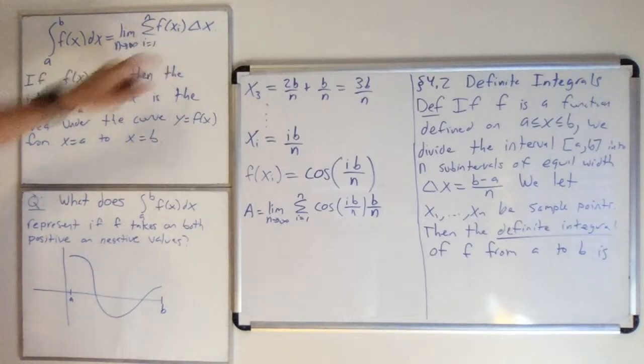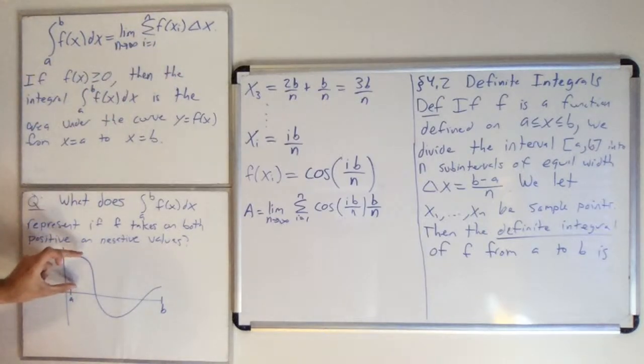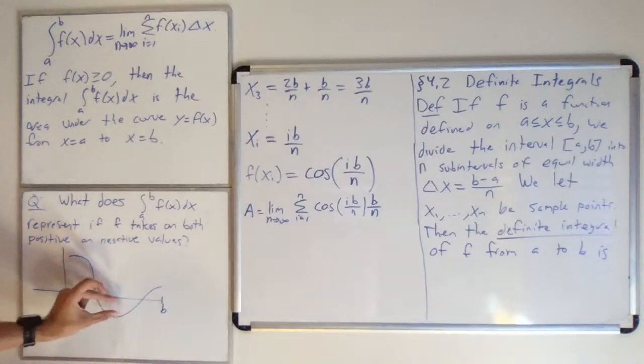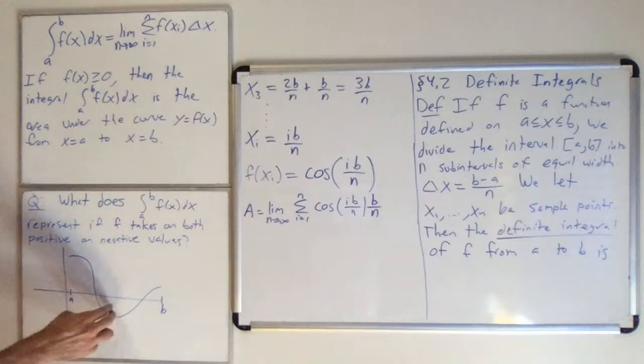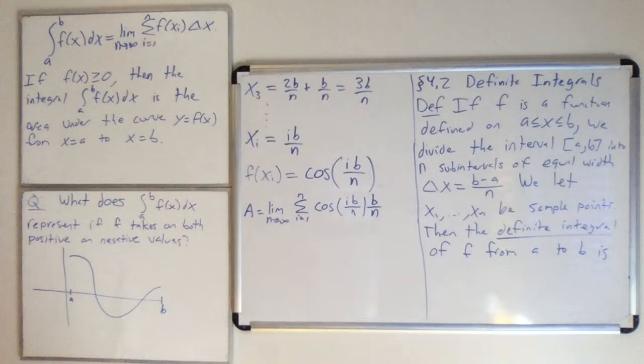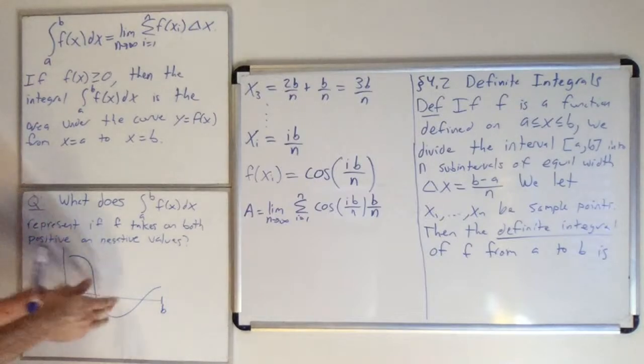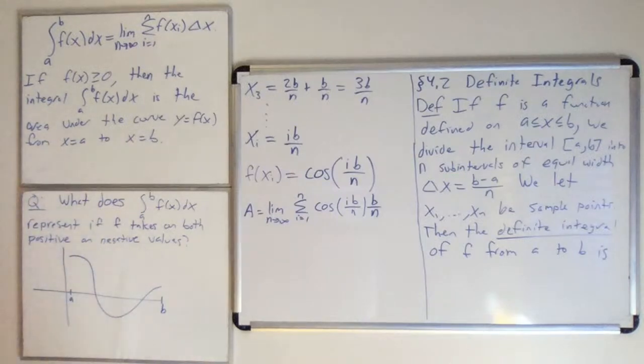Sometimes f of x sub i will be positive, so we'll be adding some positive numbers. At other times, we're going to be adding some negative numbers, right? So we'll have some positives coming over here, and then adding in some negatives, and then adding in some positives. And so my question for you is, what is the result of adding some positives, adding some negatives, and then adding some positives?